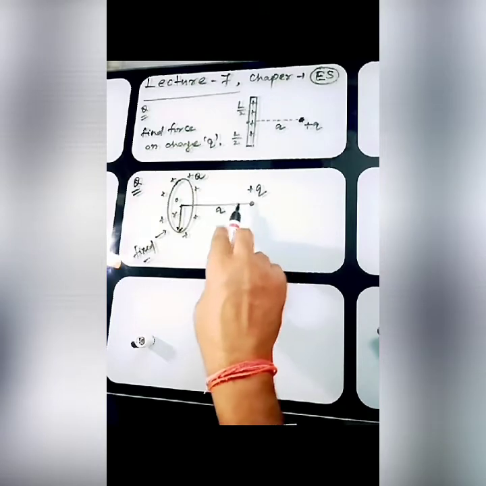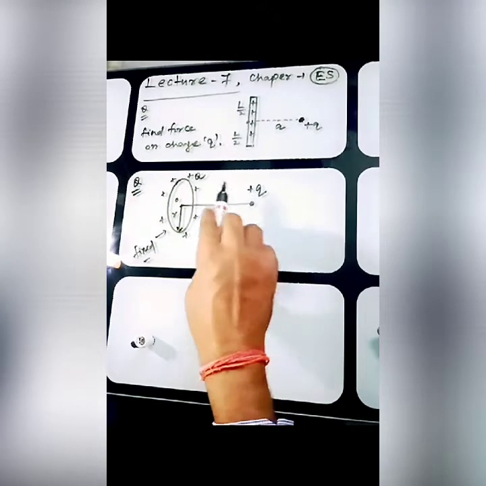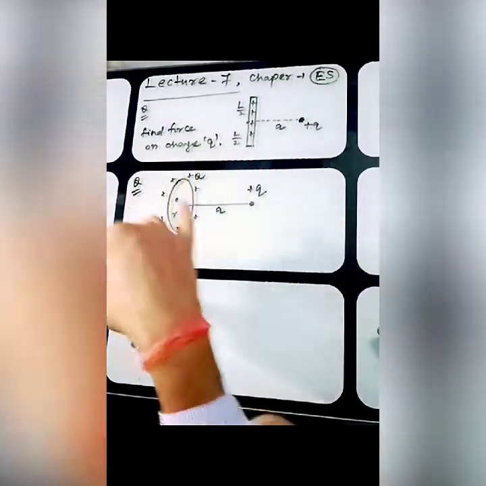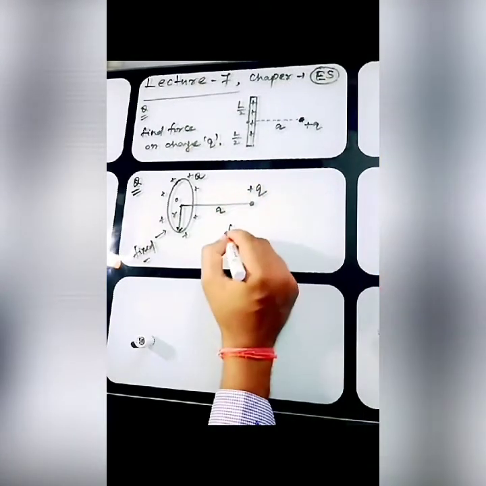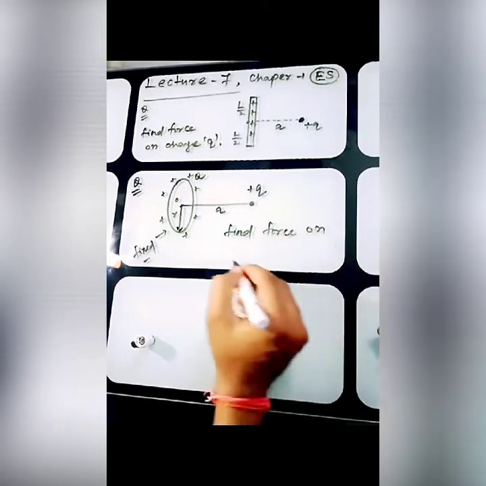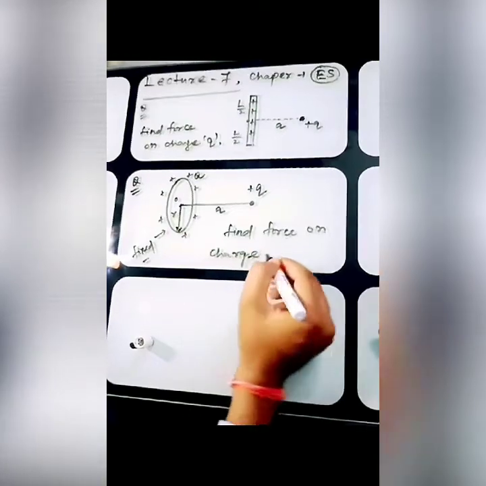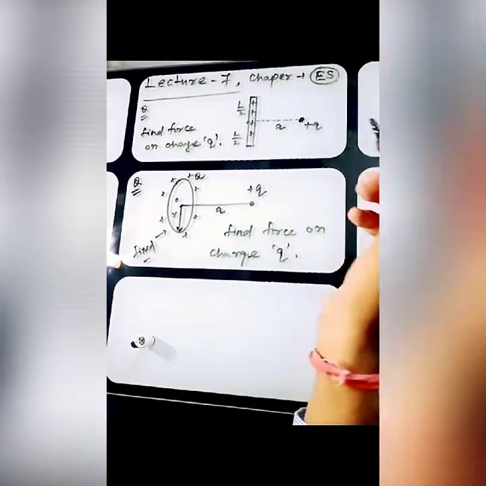This small charge which is placed at a distance A, A is given, and the radius of the ring is given, and nothing else. These quantities are given, and you have to find the force on charge q.